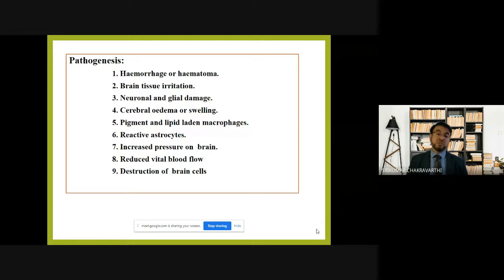So to remove these RBCs, macrophages come inside. Astrocytes start becoming reactive. Astrocytes are the supporting cells like macrophages that help in healing. The edema causes an increased pressure in the brain. As much as all this occurs, the brain by itself cannot function because its blood flow is reduced because bleeding is occurring in other places. So there is necrosis.